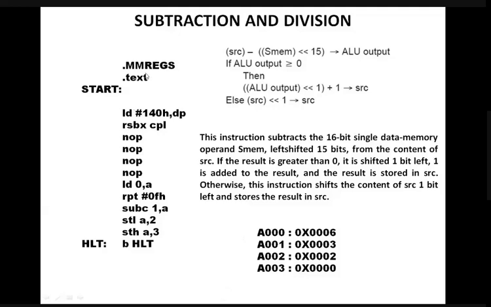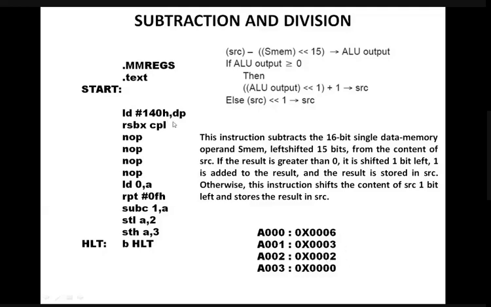So as usual, the load has 140H, data pointer, and these 4 instructions remain the same, and LD 0, A. So 6 divided by 3 is 2. That is the answer, right? So in A000 we have 6, in A001 we have 3, and in A002 we have 2. That is our objective.